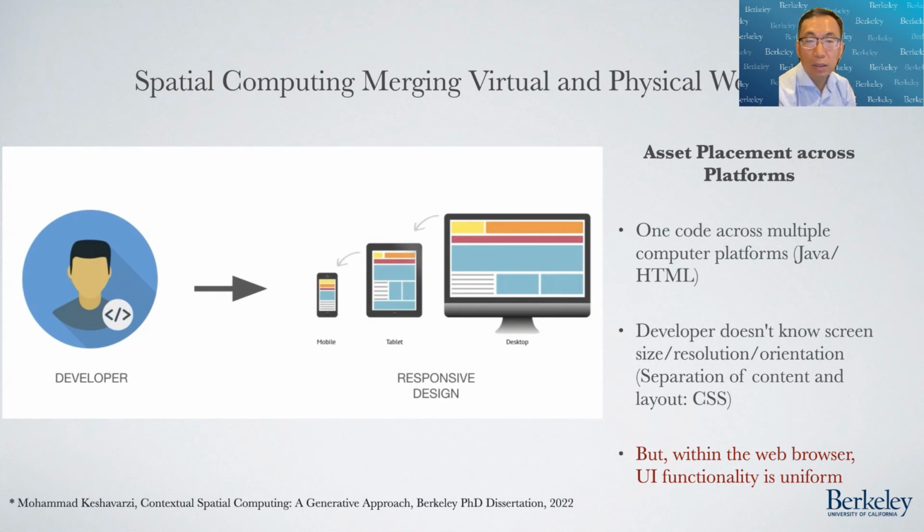However, we also need to recognize that although web designers for 2D need to accommodate different device sizes, resolutions, and their orientation, at the least within the 2D viewing area in a browser app, its UI functionality is uniform. We do not have separate viewing areas for very different interaction and computing purposes.